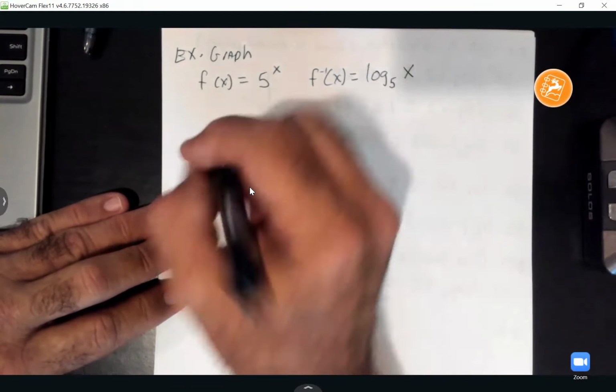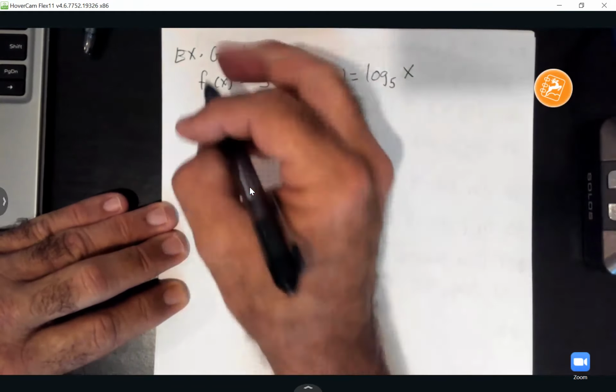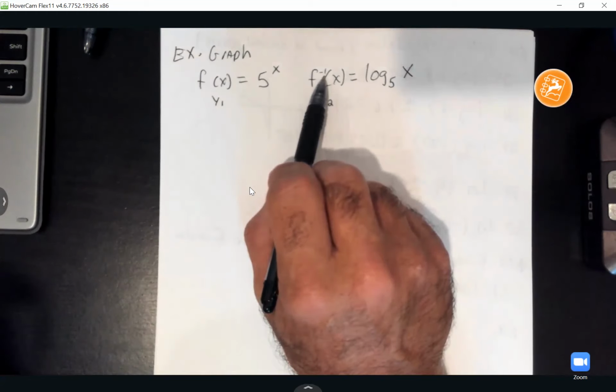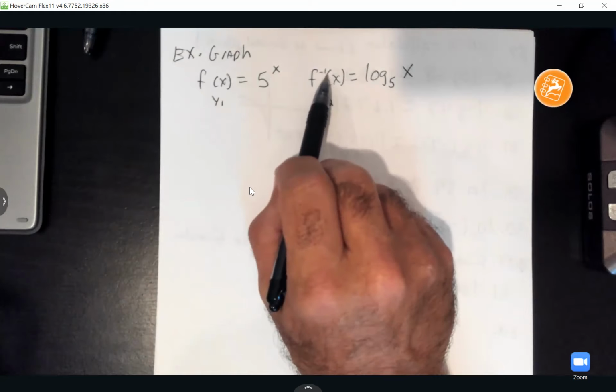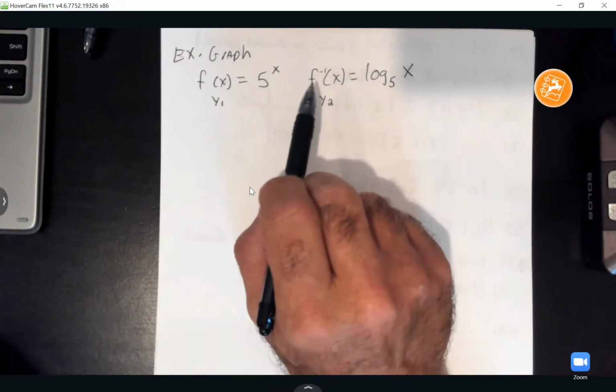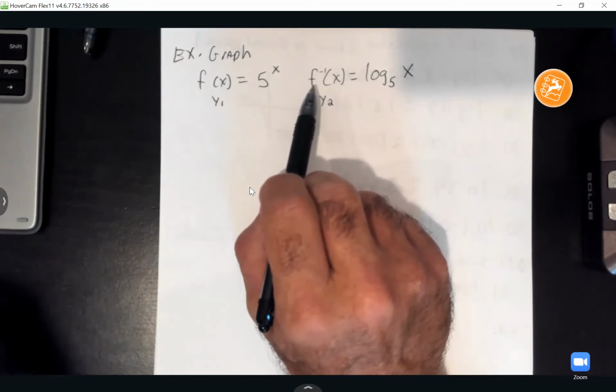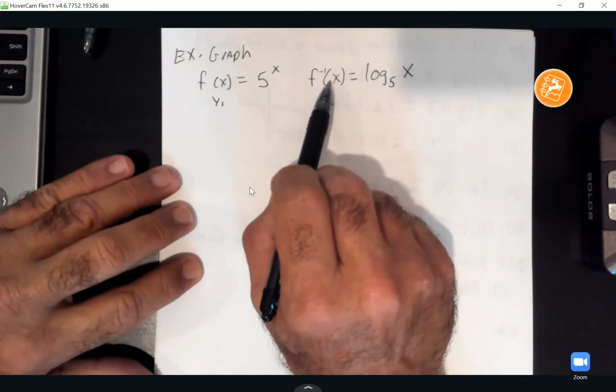For this one, I'm going to put it in y1. For this one, I'm going to put it in y2. Do y'all remember what that f negative 1 of x meant? Y'all did that way back in like 9.2, I think it was.